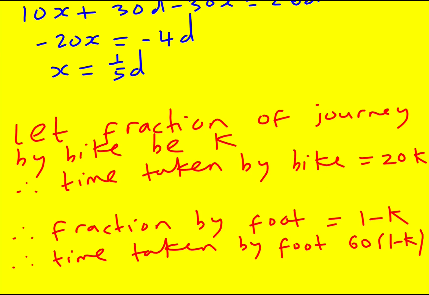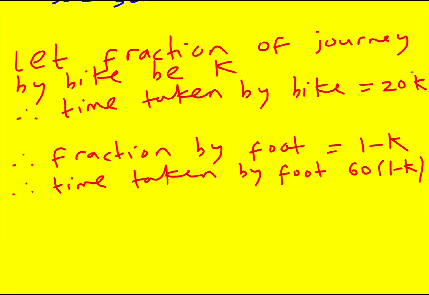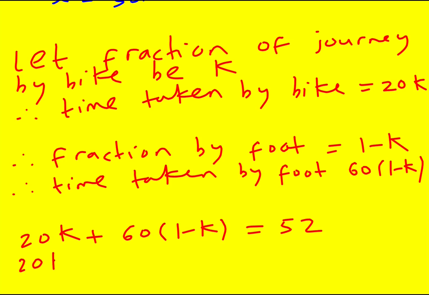And actually, these times are much simpler. They're just in terms of this fraction that we're interested in, k. And so we can add these two together. 20k plus 60 times 1 minus k, that is the total time. And that is going to equal 52, which we can now solve for k.